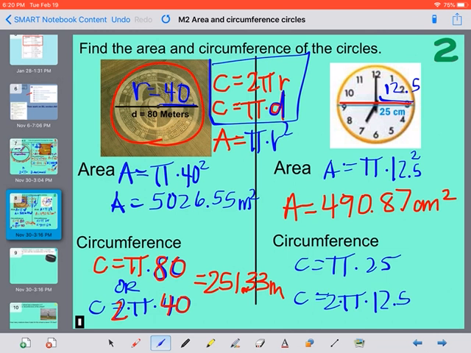I'm just going to do pi times 25, pi times the diameter, which will give us 75.54. And we're talking about centimeters, so we can put centimeters on there. On your homework, it might tell you to round to the nearest tenth or hundredth. I honestly don't remember. So tenth would be 1 decimal, hundredth would be 2 decimals.